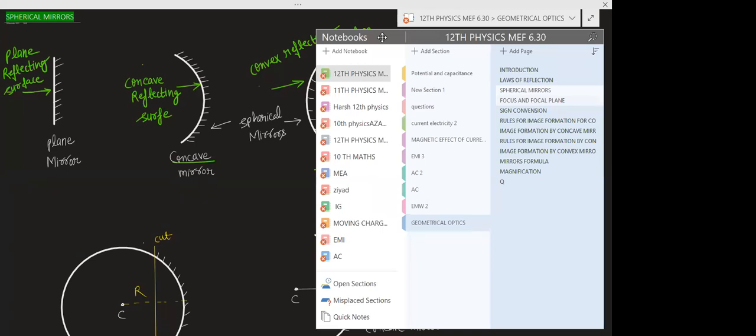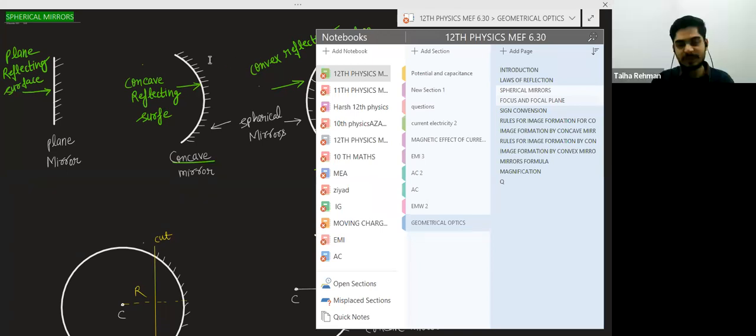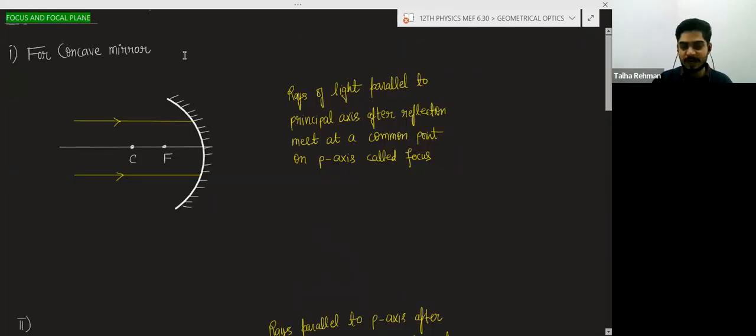In the last class I already told you what spherical mirrors are. Spherical mirrors are made from a spherical surface, and they are of two types: concave mirror and convex mirror.